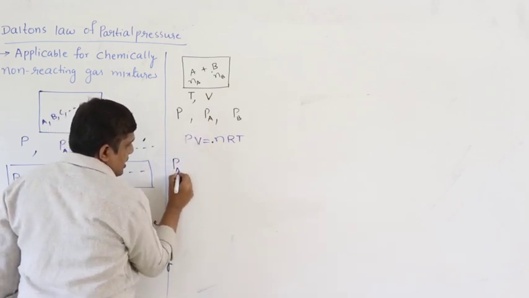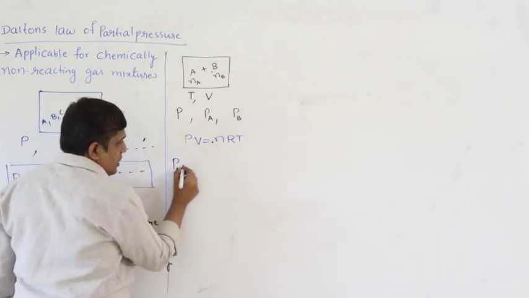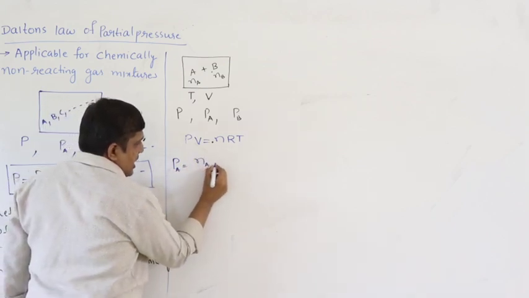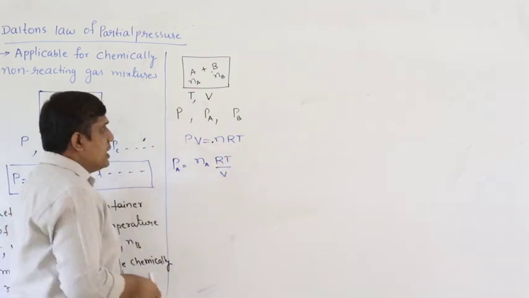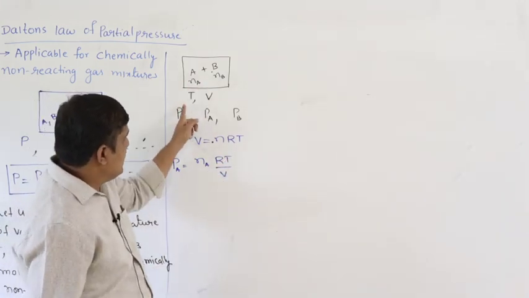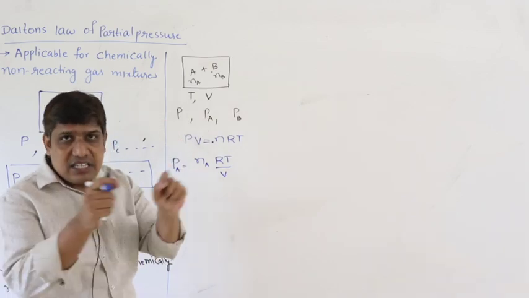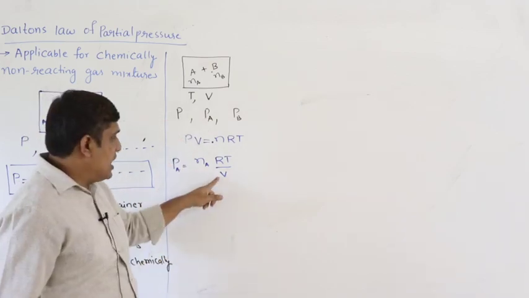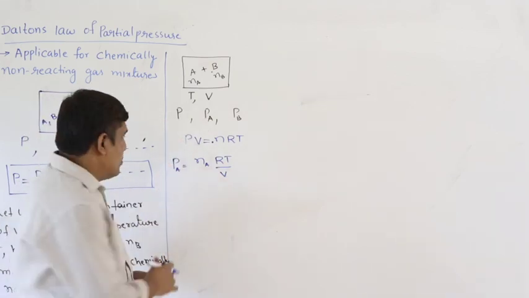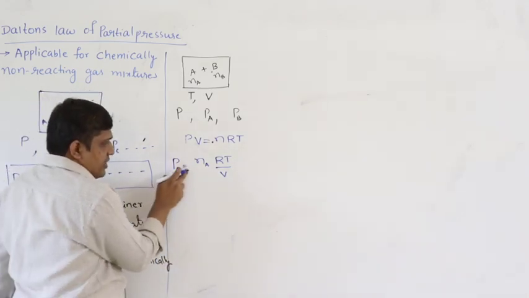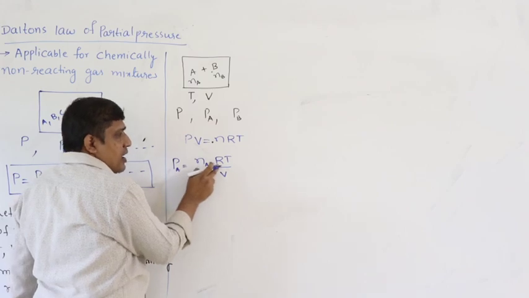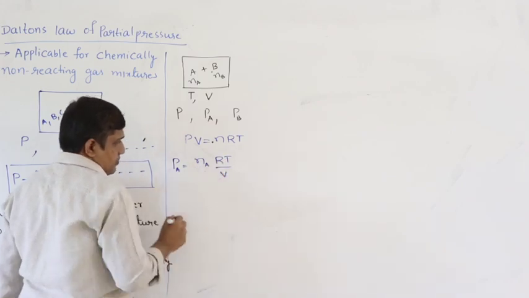The partial pressure of gas A, Pa, is equal to Na RT by V. Remember, for gas A and gas B, T and V will be the same because they are present in the same system. So Pa is proportional to Na.